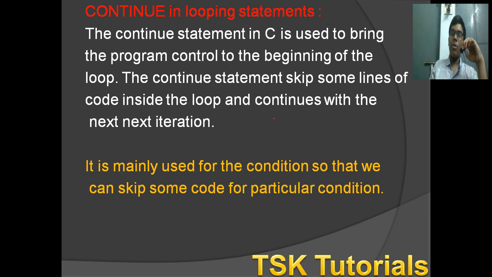It is mainly used for a condition, so that we can skip some code for a particular condition, where you should not print a particular value, but you have to print all the other values.